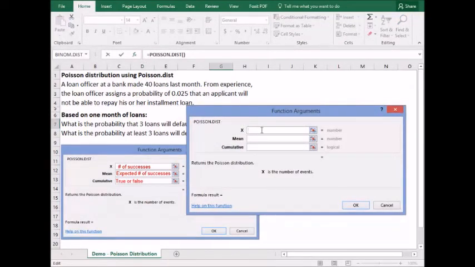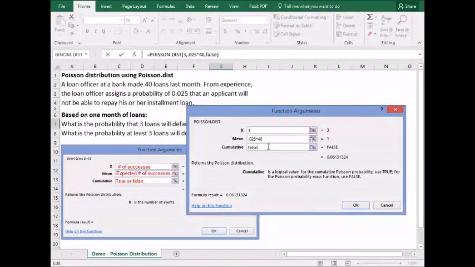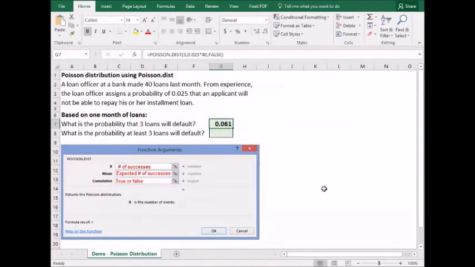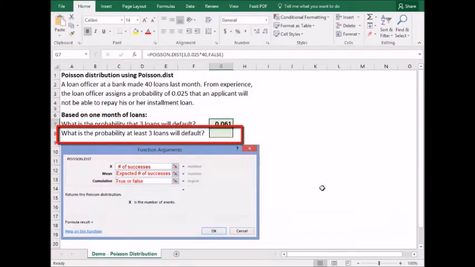Here we are looking for the probability that 3 loans will default, and the mean, which we can calculate in the cell, is 0.025 times 40 loans, given in 1 month. Cumulative will be false because we want to know the exact probability for 3 loans defaulting, and that probability is just over 6%.